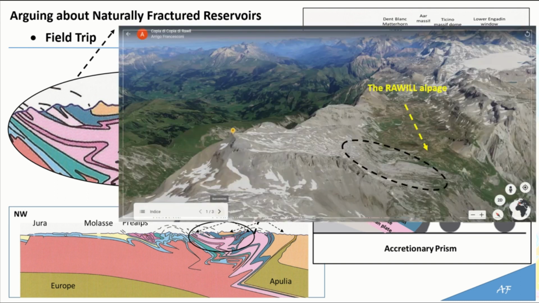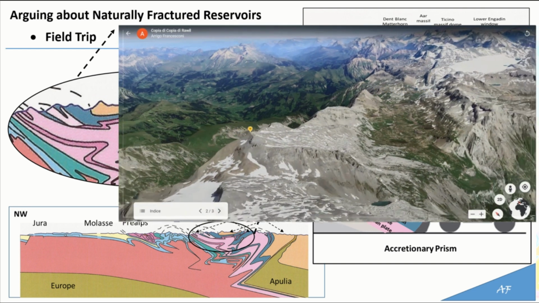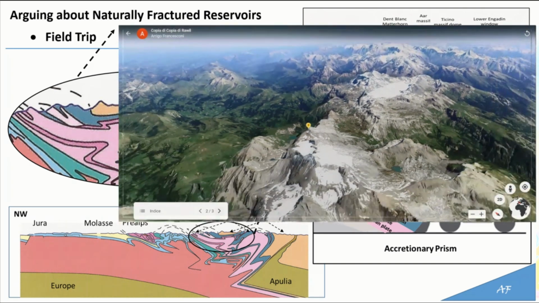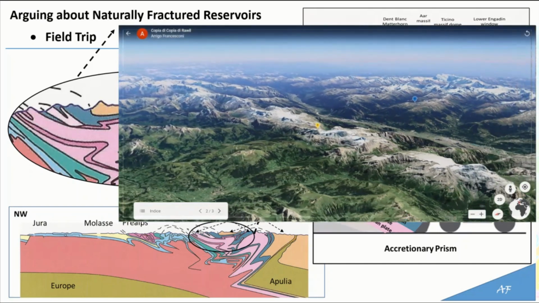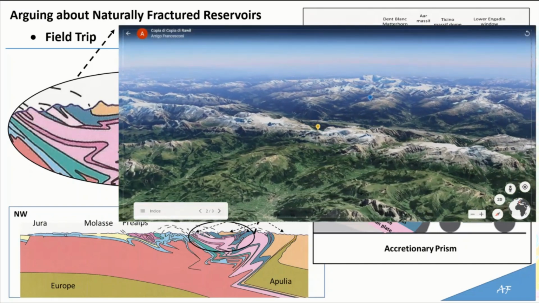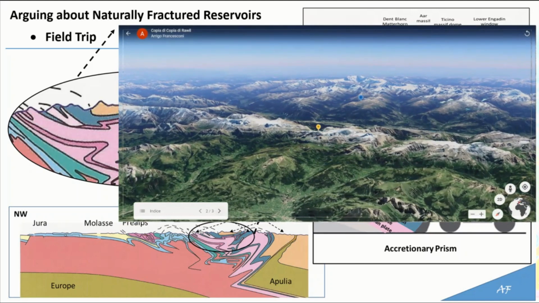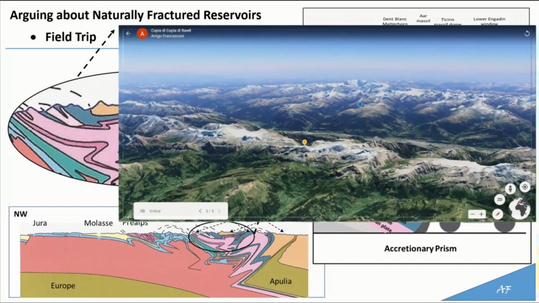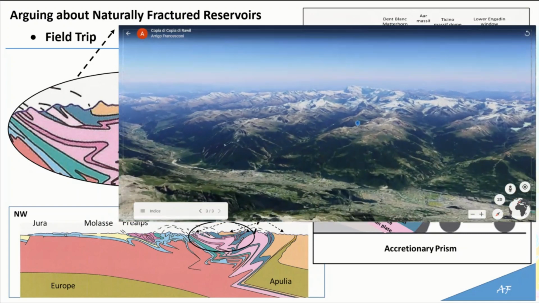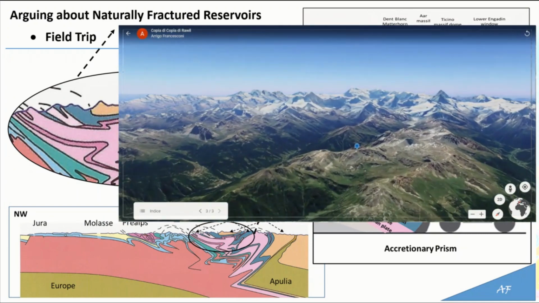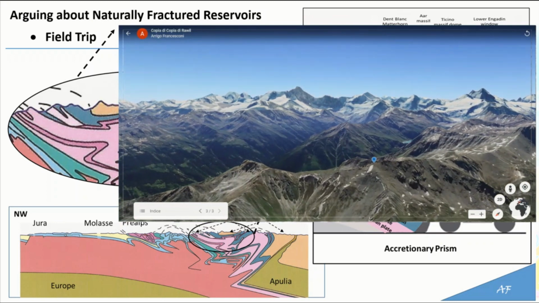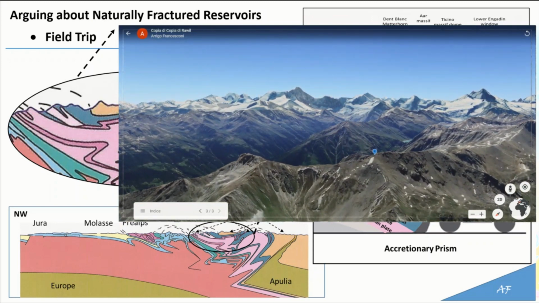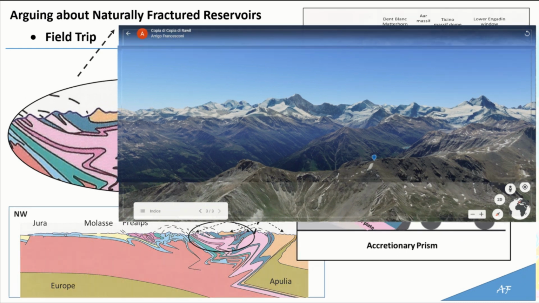So, moving from the Rawil Alpage and going southward, up the lateral valley of Anniviers, we can climb to the mountain ridge overhanging the village of Grimentz. From here, looking southeastward, we can observe the piling up of the different nappes.